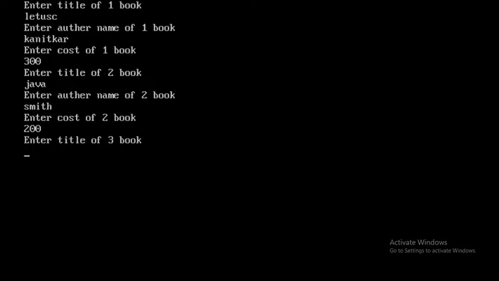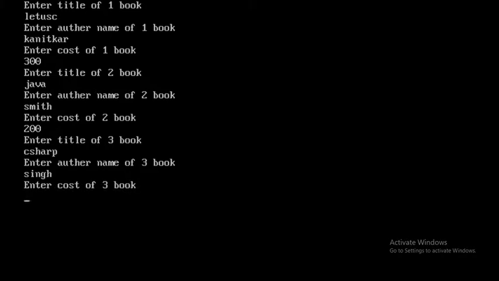Then the third book, suppose C sharp. Now I'm providing the author name. Let us provide dummy data, suppose Singh. And enter cost of third book, suppose it is 700.